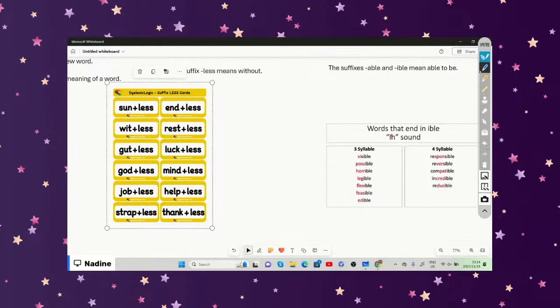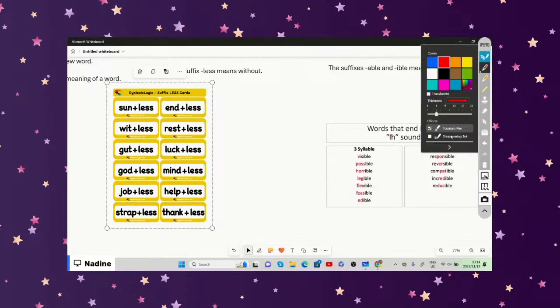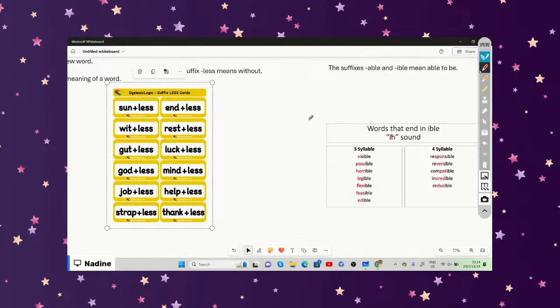So now it maybe becomes sunless or endless or restless, right? So if we add those two words together, then it makes one word and it basically changes the meaning of the word. Like, for example, look at the word sun. The sun brings heat, it brings light, right?